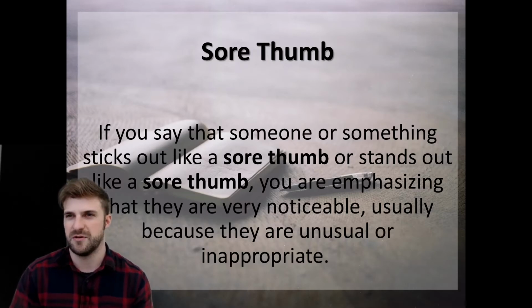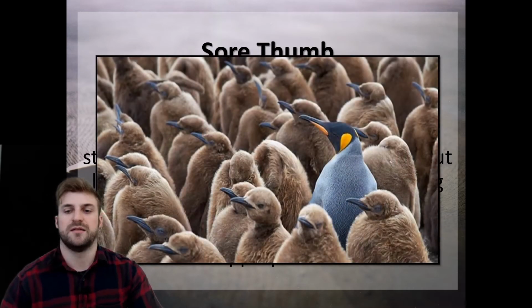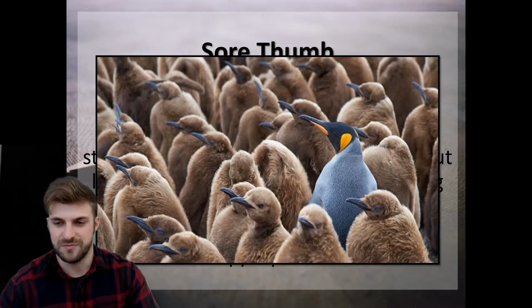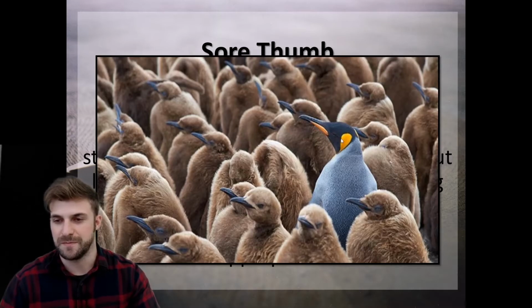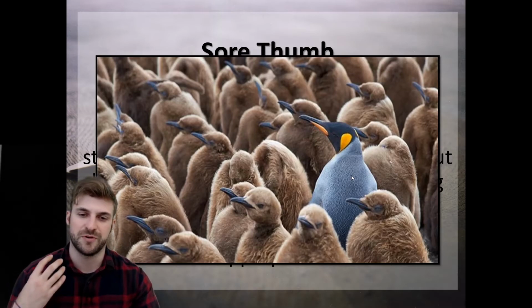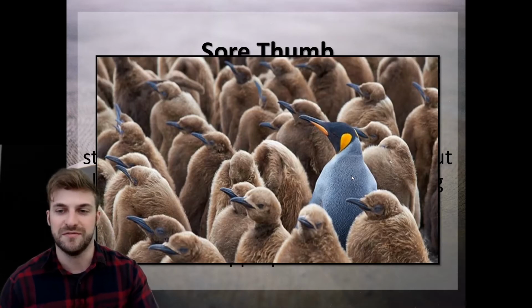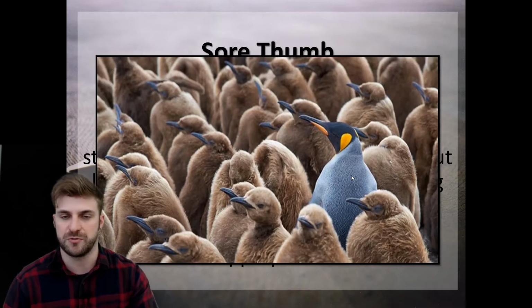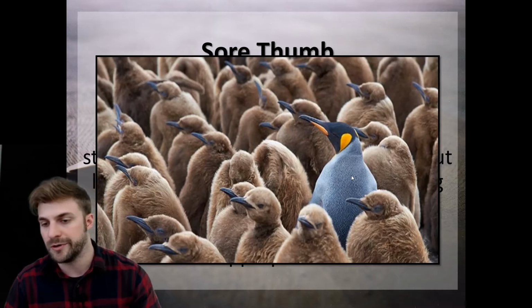Just someone that is unusual or unique. So in the picture you'll see, it might be easy to tell which penguin is the sore thumb. You can see that this penguin here is the sore thumb. You probably immediately noticed it when the picture came up. So this would apply to the situation or the picture that you see or the person.